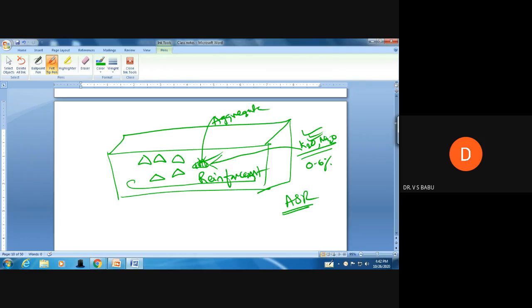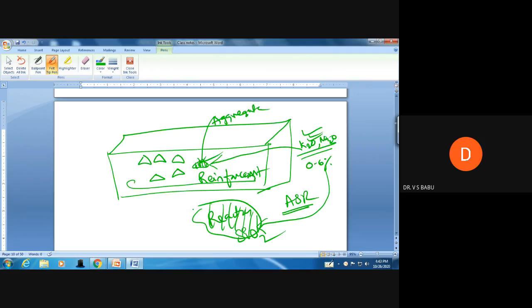But luckily in India we don't have this alkali silica reaction type of aggregate, that means reactive silica. If the aggregate contains reactive silica, that means the majority of the aggregate is silica, SiO2. Suppose the alkalis react with this silica, then what happens?